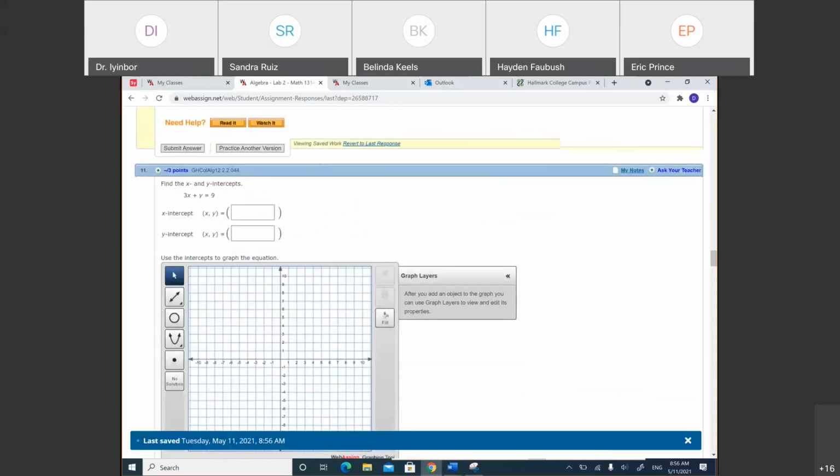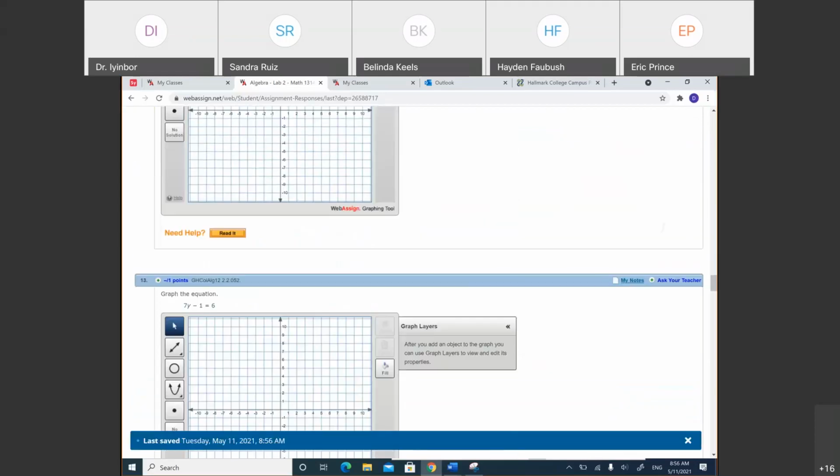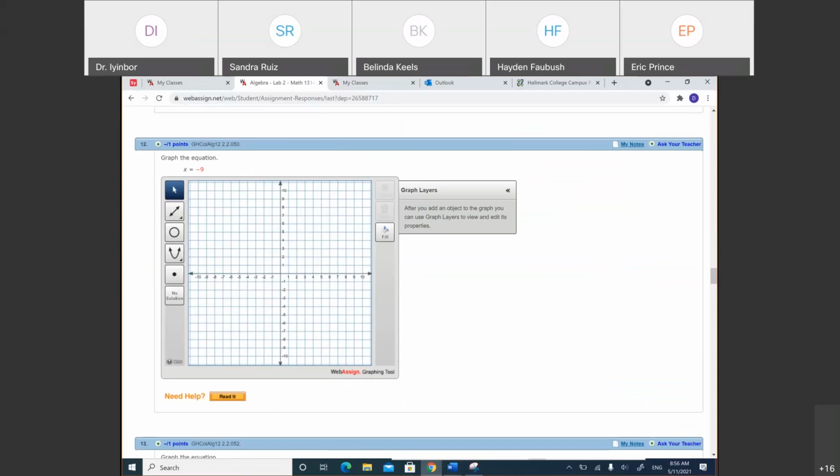Okay, the next one is done the same way. Here you have X equals a number. X equals a number is just clicking at the line. X is -9, so we go to -9 on the X axis. It's vertical, so it goes a little up. It doesn't matter which point, it has to be vertical. And that's it.